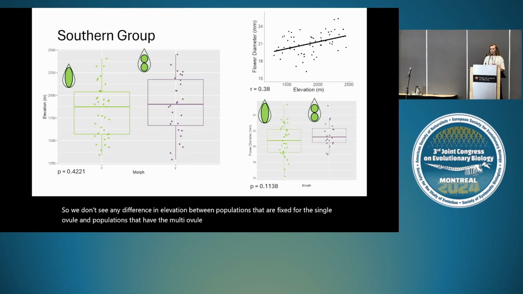We do see a relationship between elevation and flower size, so flower size increases with elevation. We don't see a relationship between flower diameter and seed packaging, but it does appear that the multi-ovulate plants do have larger flowers and less often smaller flowers.